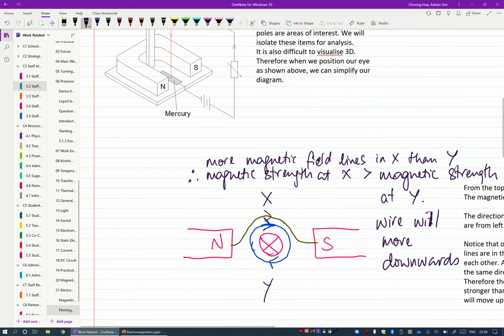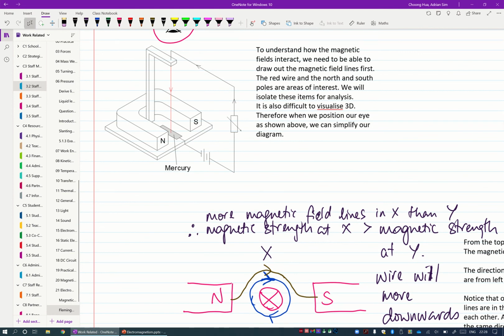So let's go back to this diagram. If I were to map my 2D drawing to this 3D drawing, this region is green, this region is purple.